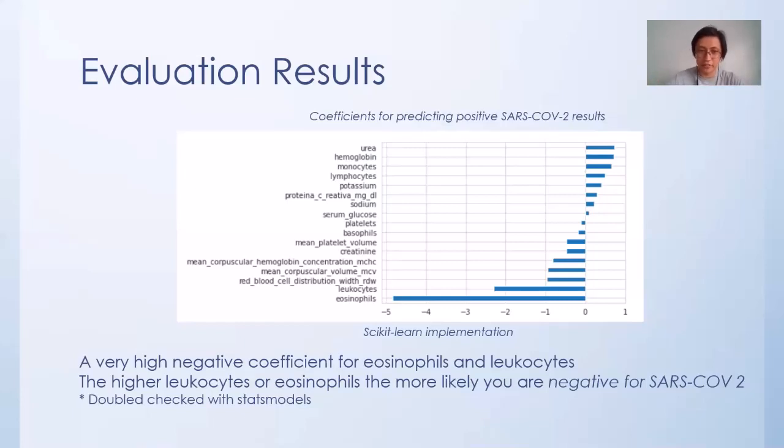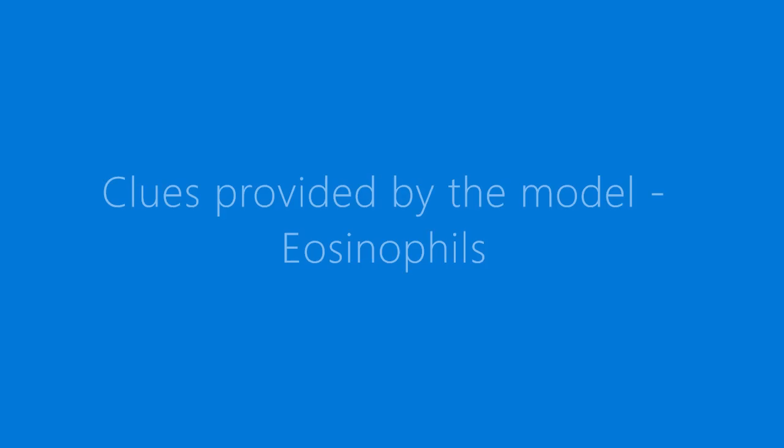What I'm looking at is our eosinophils and leukocytes. What this means is the higher the leukocytes or the eosinophils, the more likely you are to be negative for SARS-CoV-2. So this assertion, again, is just for that hospital and for this specific anecdotal study.